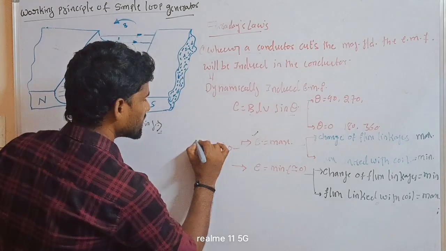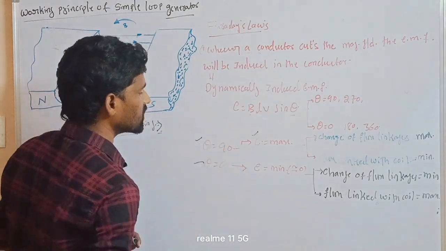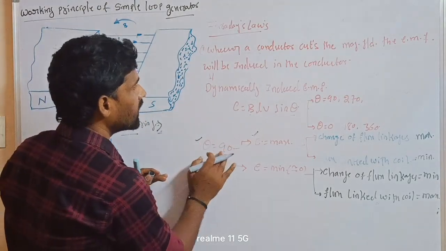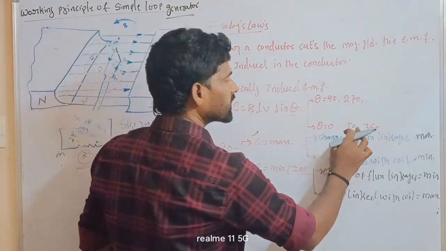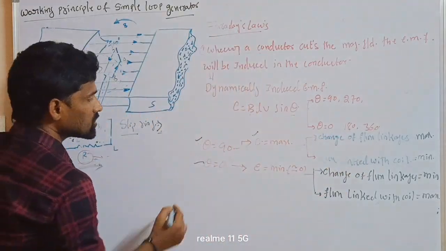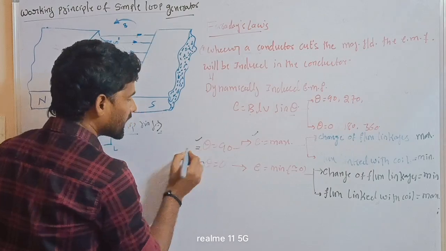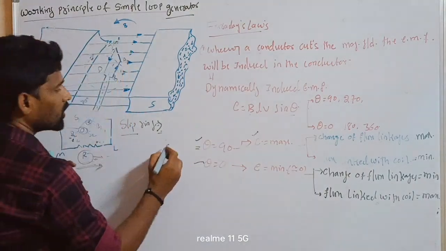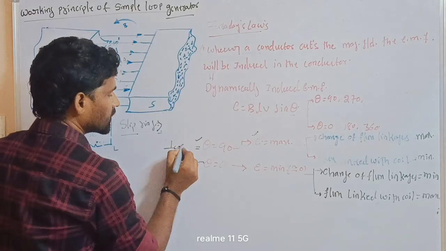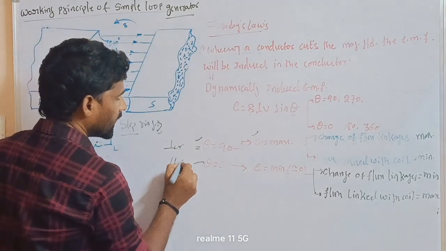This happens at theta equal to 90 degrees, and repeats at 270 degrees. At theta equal to 0, it repeats at 180 and 360 degrees. When theta is 90 degrees, the conductor and magnetic flux are perpendicular, and at 0 degrees they are parallel.